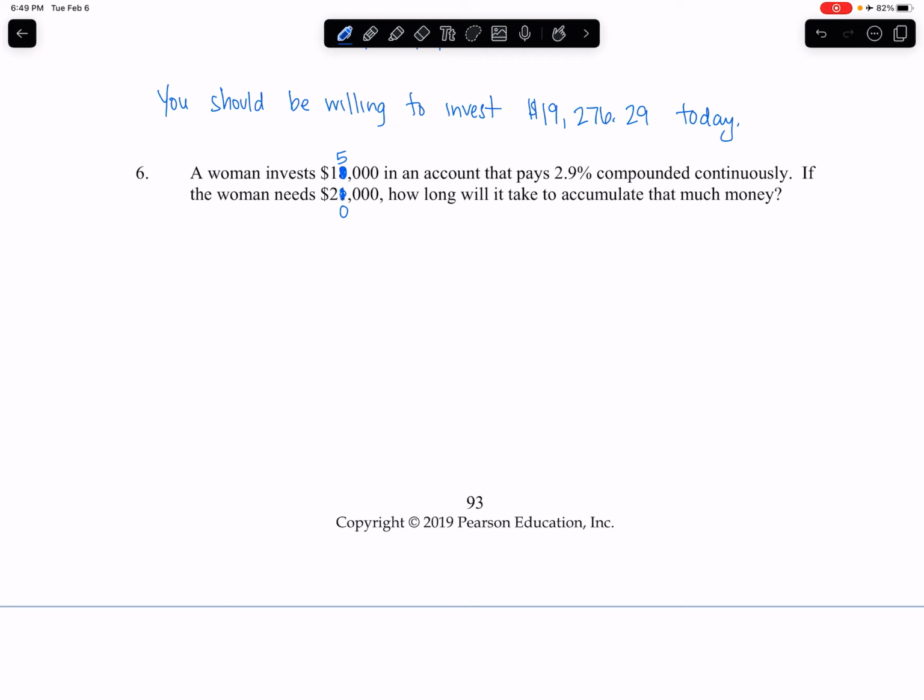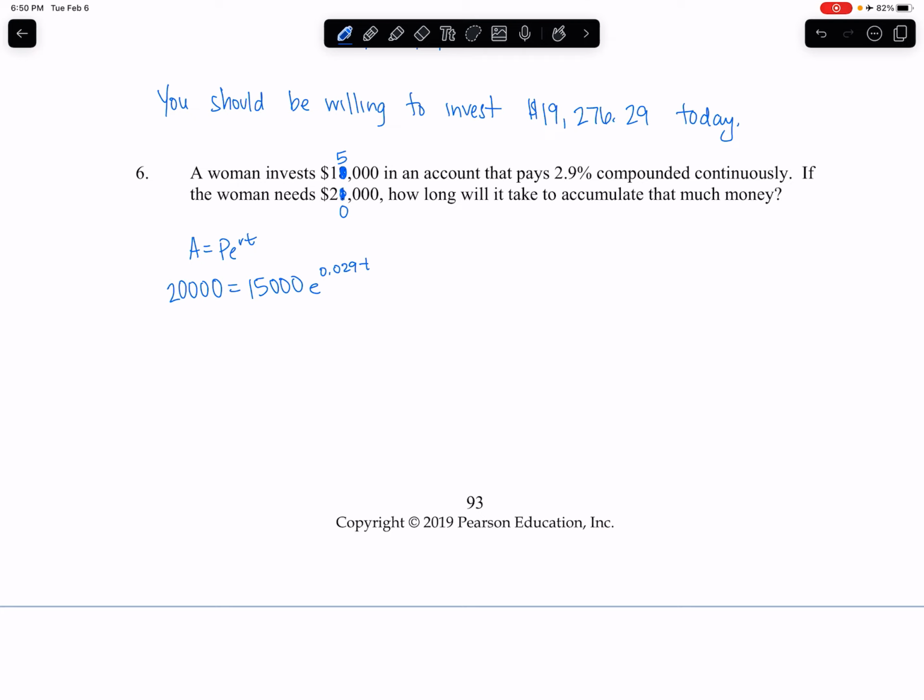We read compounded continuously, which tells us we're using the PERT formula. She wants to end with $20,000, so that's our amount, and she's investing $15,000. The rate is 2.9%. In decimal, we have 0.029. How long will it take? That's t. We want to know the time.